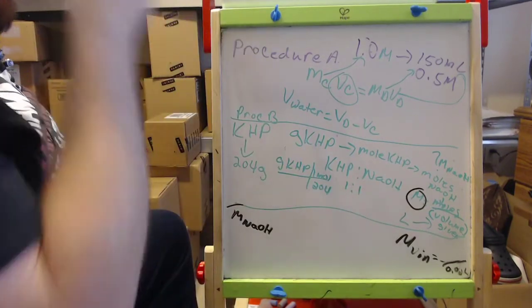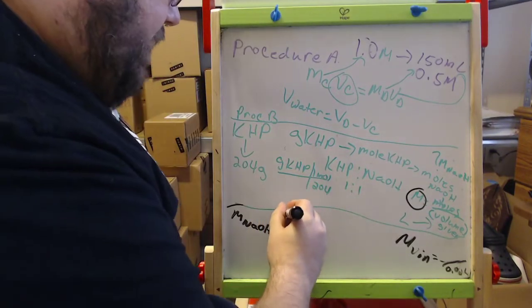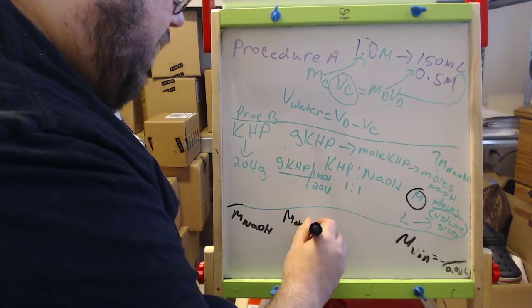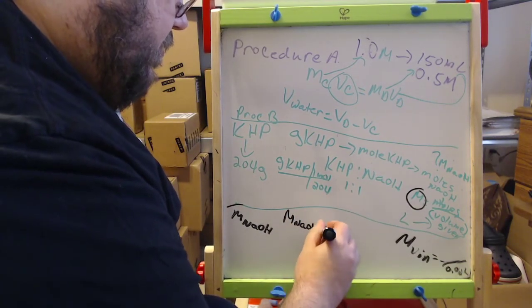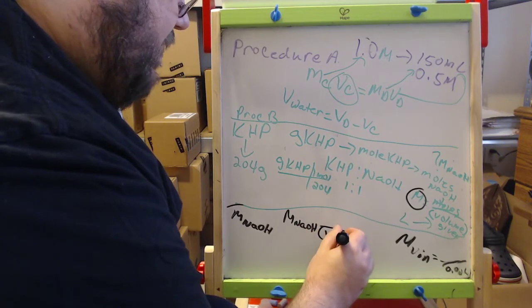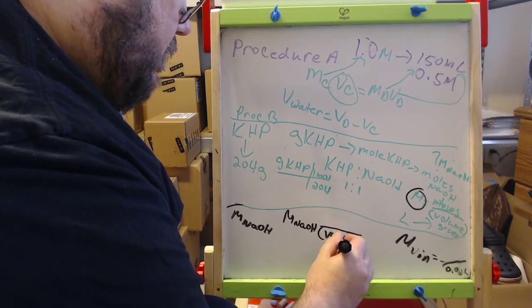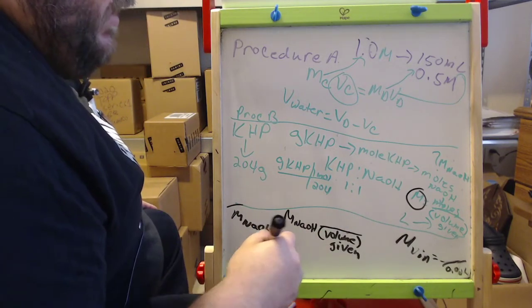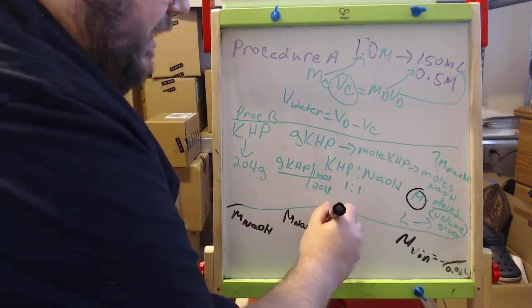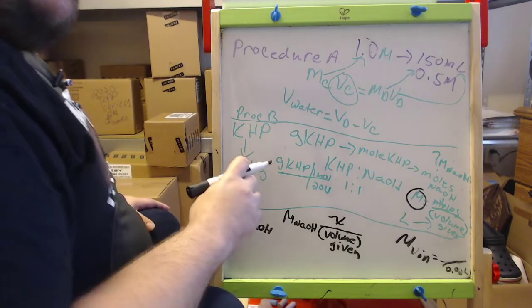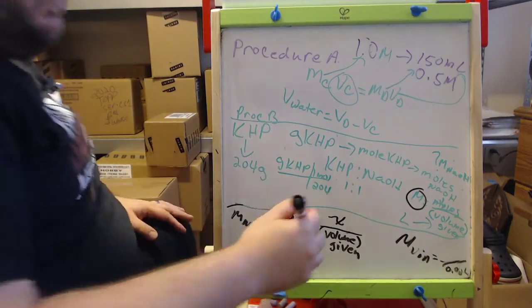What I have to do in this step is, I know my molarity of NaOH, and I'm going to have a volume given to me that I use to titrate the vinegar. That'll be given on the slides. I've got to solve for the number of moles. So this is kind of like the problem on the exam also.